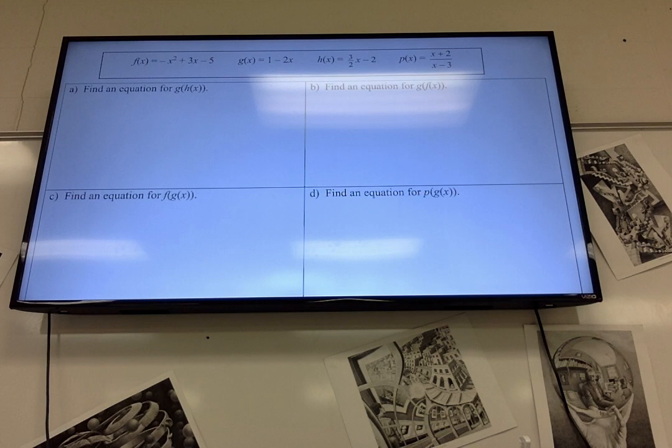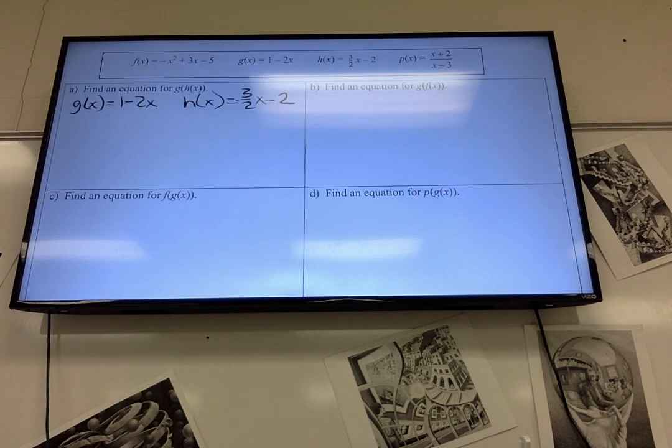Okay, so we're going to find an equation for g of h of x. So what I'm going to do is, up here I'm going to go ahead and write so that I can mark it up. G of x is 1 minus 2x. I'm just rewriting this. This is just to help me teach. You don't have to rewrite it, but it's helpful to me.